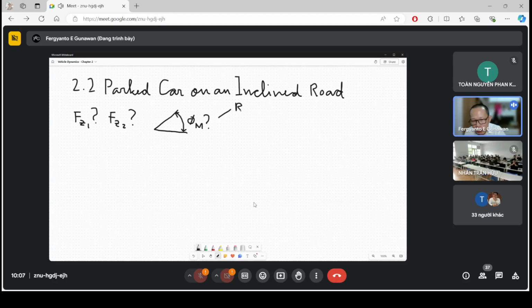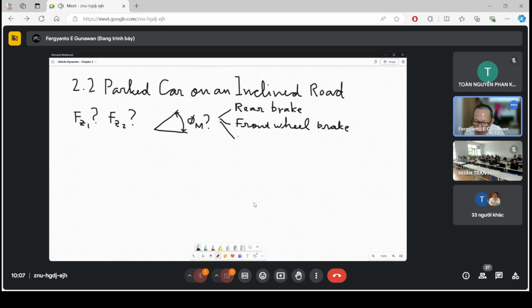If we assume that the brake is on the rear wheel, we assume these conditions. The second condition is if we use a front wheel brake.